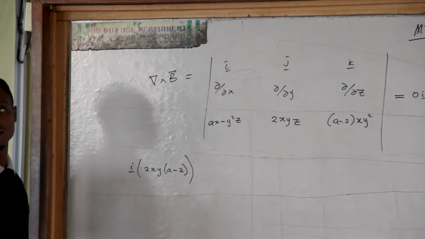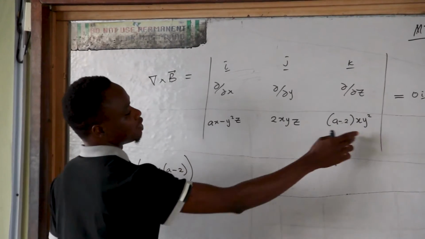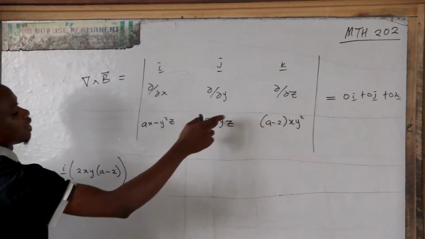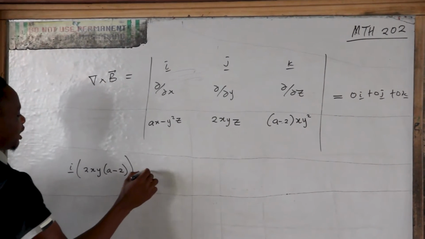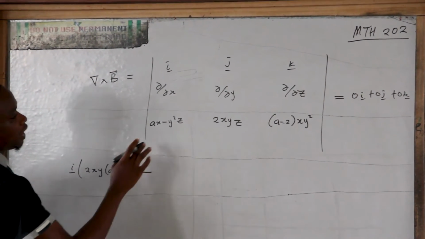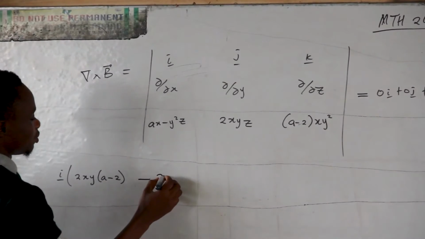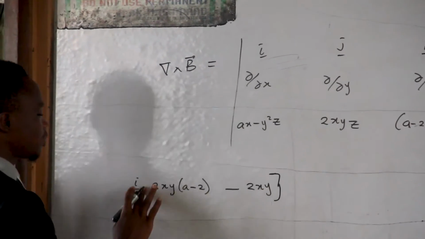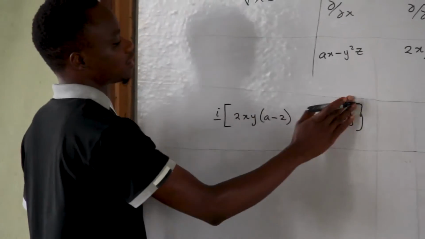Does that make sense? When you differentiate this partially with respect to y, you get that. And differentiate this partially with respect to z, that is minus 2xy. This is what I have for the x component.